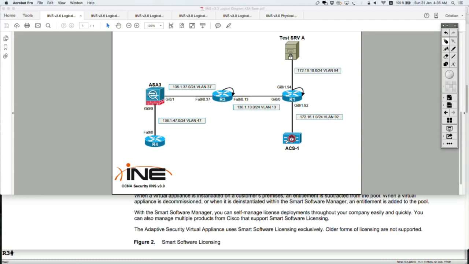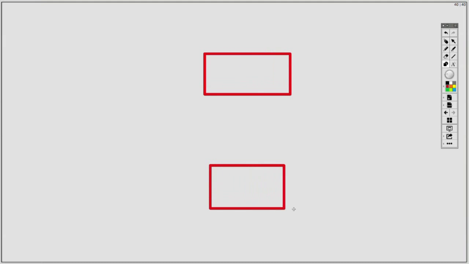Other use case would be, for example, the following. You would have, this is your internet router, for example, and this is your core router in here. You have a DMZ switch in between. So this is your internet router.